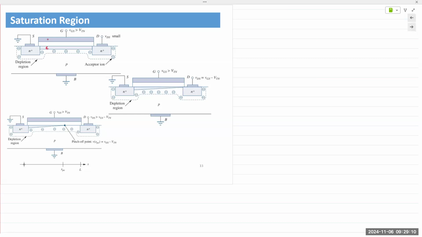So here we have the channel, with electrons moving in this direction. VDS applied is a small value, just enough that current flow starts. Now, remember, this is an enhancement mode MOSFET, meaning an external voltage is applied, 0, 1, 2, 3, 4, 5, 6, 7, 8, and so on, to create that channel.